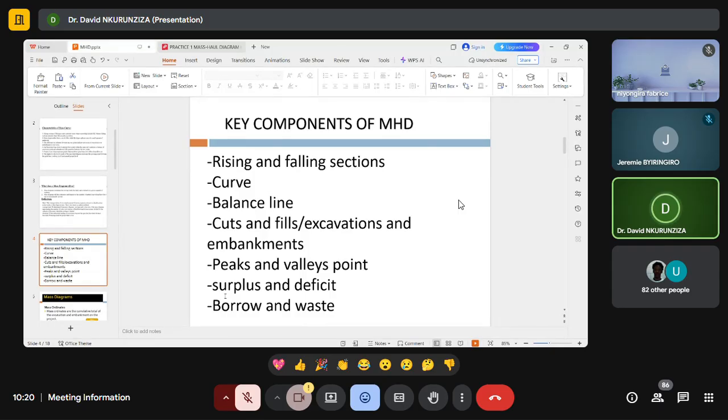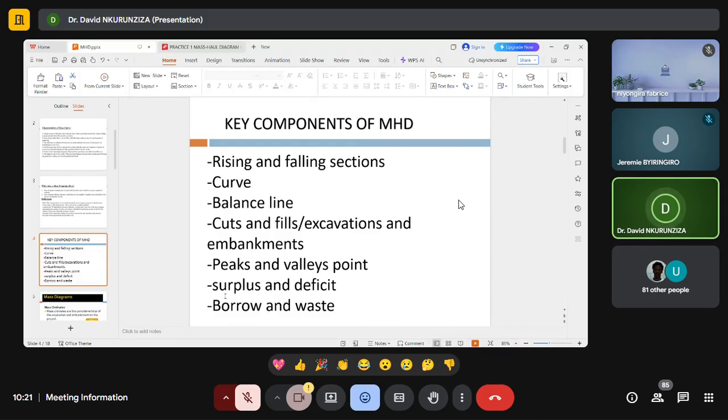In some projects, it may happen that you end up having at the end some materials which are remaining, and that is treated as a waste. So we shall call the borrow materials when there is a negative value at the end of the diagram.